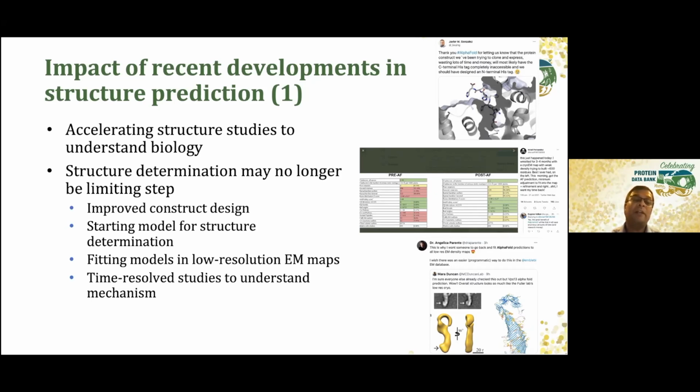We can use the predicted model as another tool to get experimental structures, right from maybe improving construct design or using it as a starting model for structure determination, or when we have low resolution EM maps, we could take these models and fit them in and do time resolved studies, etc. So this is amazingly going to accelerate structural biology and the understanding of the structures in their context as well.